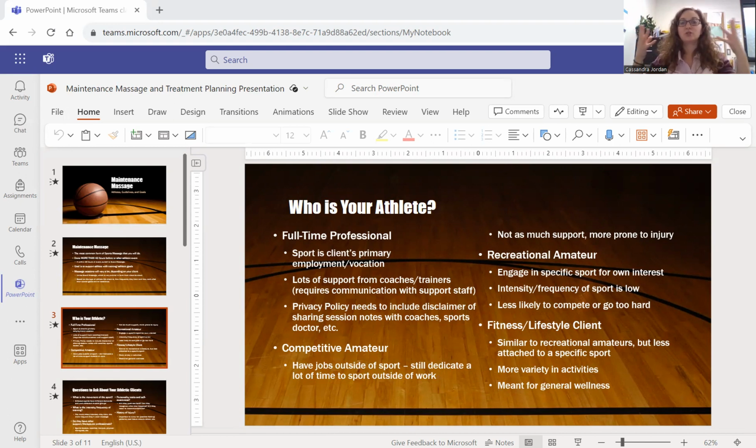Versus a fitness or lifestyle client, they're always doing something, but they're going to switch it up. They're less attached to one specific activity. So they're going to have more variety in their movement, more variety in their activities. Maybe sometimes they're doing boxercise, and sometimes they're doing yoga, and sometimes they're doing CrossFit. Going to try out swimming for a while, and they're dedicated to being generally active.